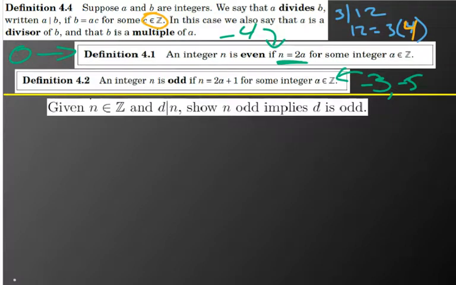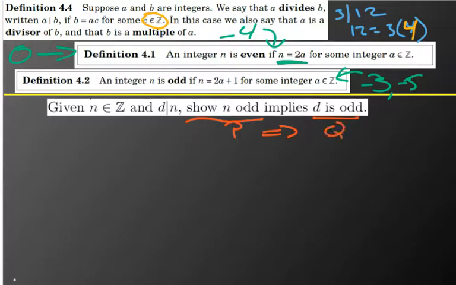So I wanted to show you why contrapositive could be useful here. If I tried to do this little proof straight, I have that N is odd, and that's my P, and it's going to imply that D is odd.